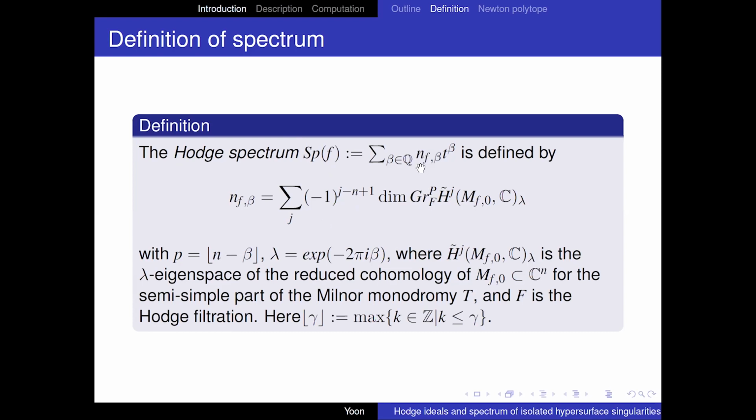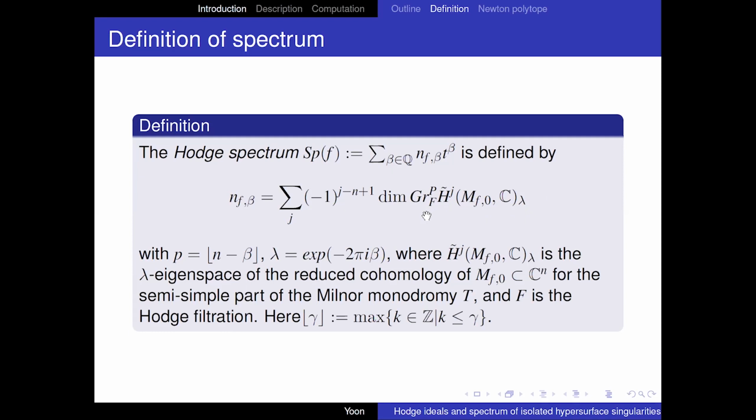The data n_f,beta is given by an alternating sum of a graded piece of F and of the lambda eigenspace of the reduced cohomology of the Milnor fiber. Here lambda comes from the monodromy action, and F comes from the Hodge filtration.